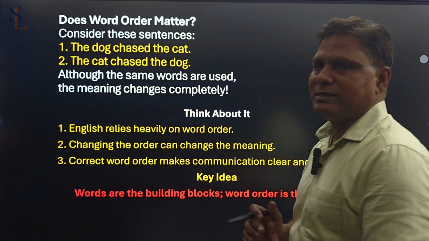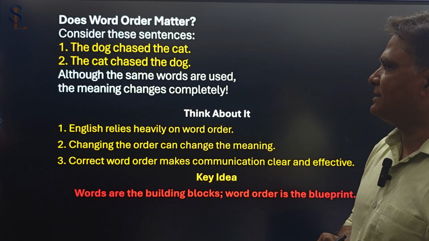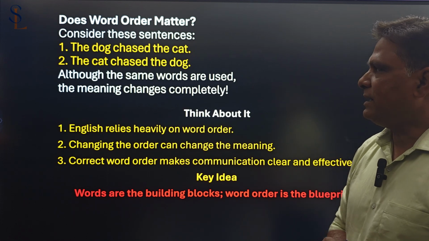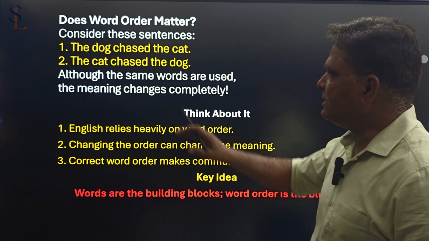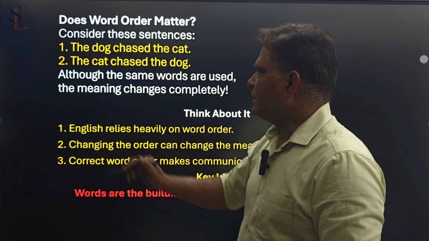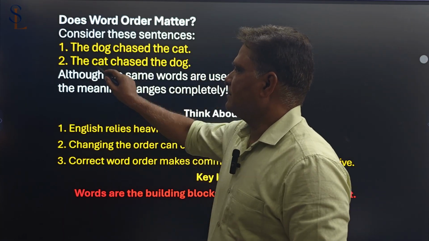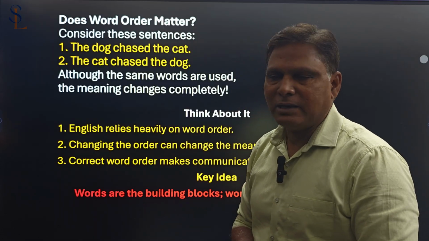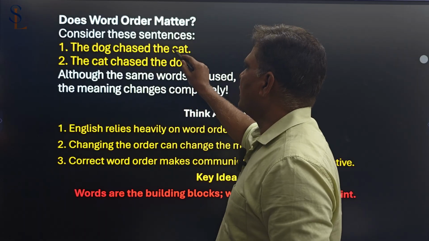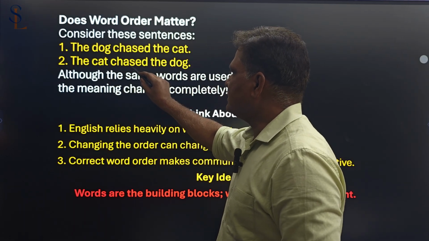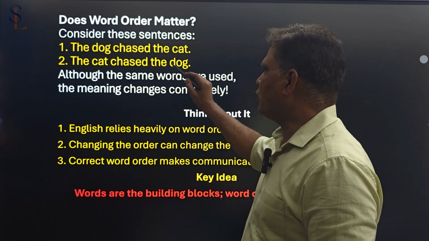Consider these sentences. The dog chased the cat, and another sentence, the cat chased the dog. In these two sentences, the dog is the subject, and the cat is the subject, and grammatically both may be right. Subject, verb, object: the cat, subject; chased, verb; the dog, object.